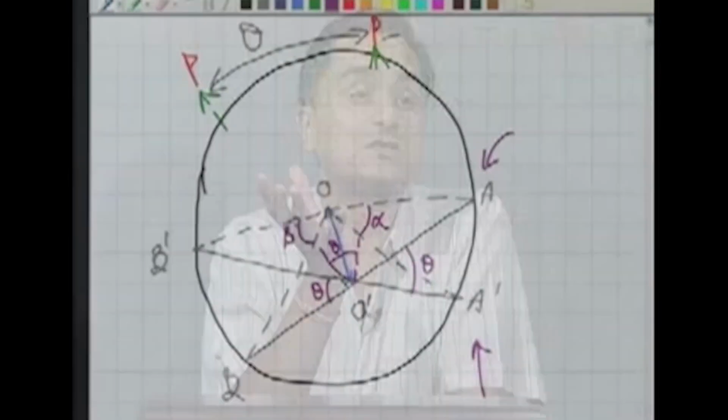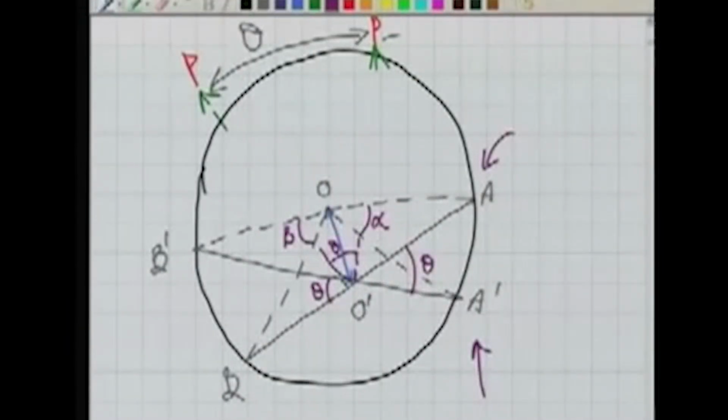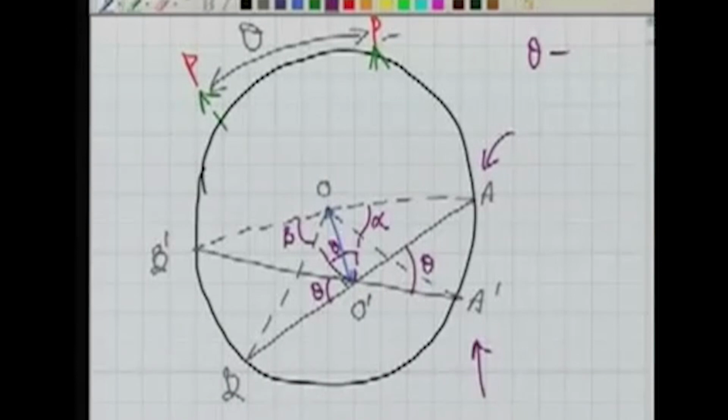Because our graduated circle, the lower plate, has its origin at O, not at O dash. Because of this, while taking this theta observation, I am reading alpha and beta by vernier near A and by vernier near B. So this is an error in the instrument because of the eccentricity.